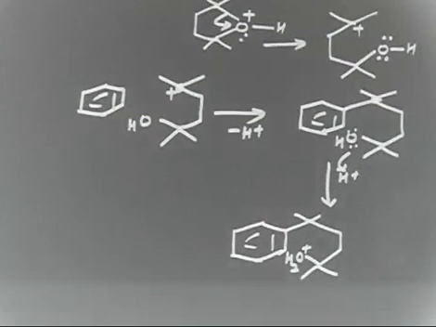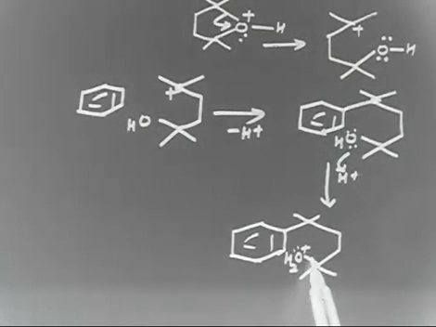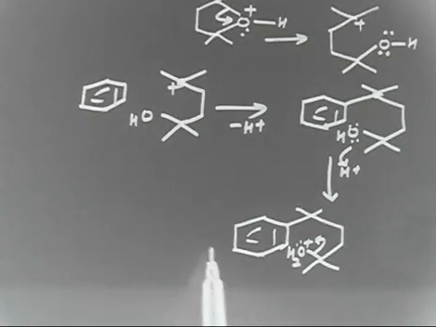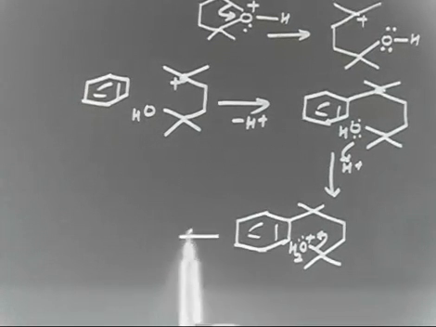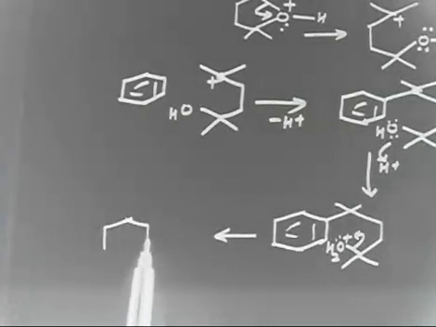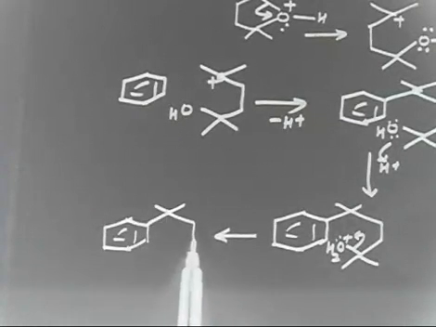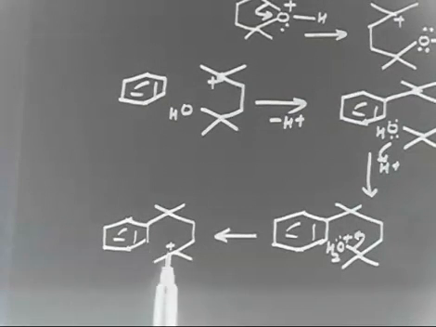Because oxygen will take one H plus, so you will have only one lone pair. In the next step, you give this electron to OH2, so you will have something like this. Only you will have a carbocation. So here you have this ring. There is a carbocation.